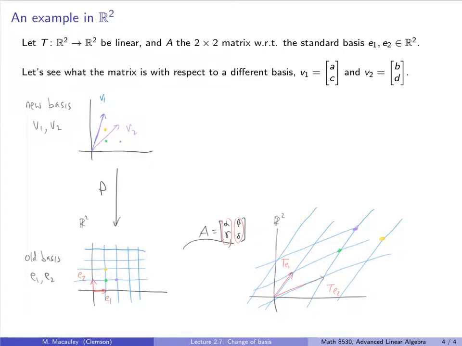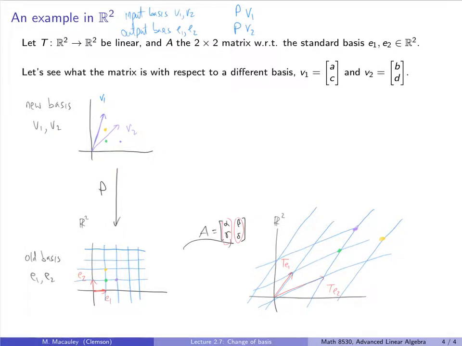So let me write down how this works. This is something that we learned in the previous lecture. If we're going to go from here to here, this is going to be our input basis, and that's going to be our output basis. So input basis V1, V2, output basis E1 and E2. We take V1 and V2 and we apply P to it. Up here, these are our basis vectors, so this is like (1, 0) and this is (0, 1) in that coordinate system.